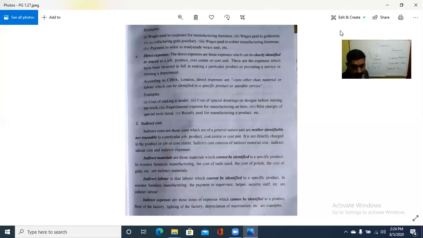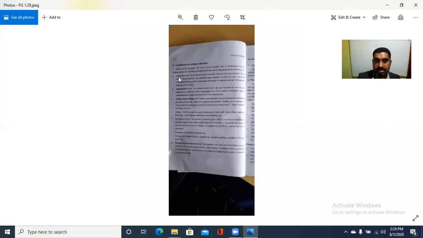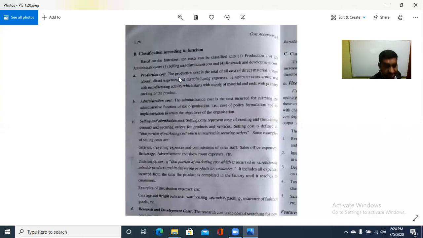So students, you understand this, due to the traceability, how cost is to be classified. Next, we are going to see classification based on the functions performed, that is, classification according to the function. B is function.